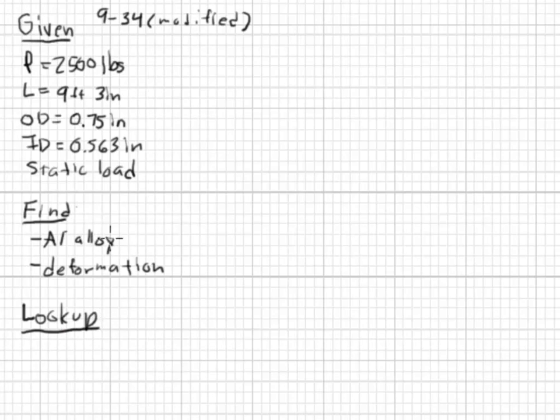We are trying to find a particular aluminum alloy, which means we need to find a design stress. Considering this is a static load, our design stress is equal to the yield stress of the material divided by 2.